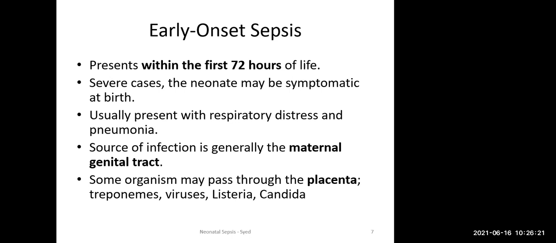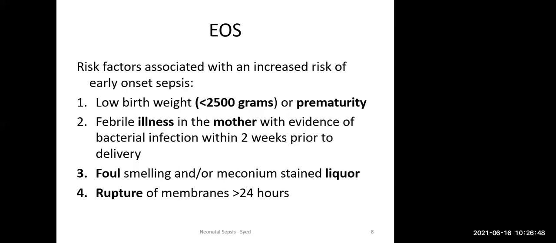That's why cesarean section has a slightly lower risk of early onset sepsis, because they don't get the infection from the maternal genital tract. Some organisms, as I mentioned, can cross the placenta, like Listeria, Treponema, syphilis, and some viruses. The risk factors are low birth weight or prematurity, febrile illness.